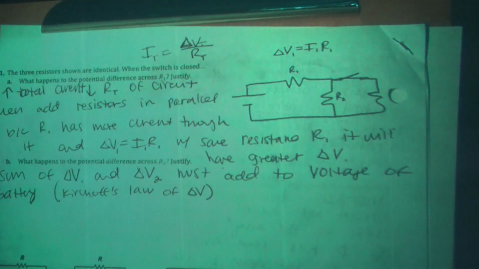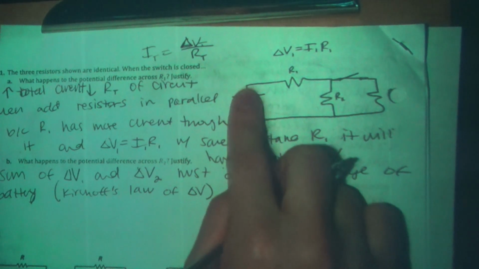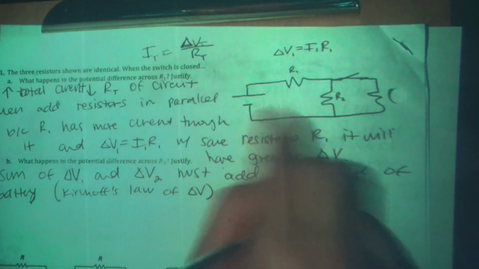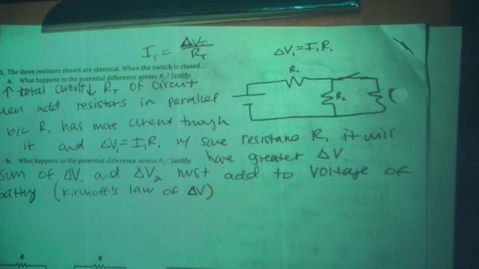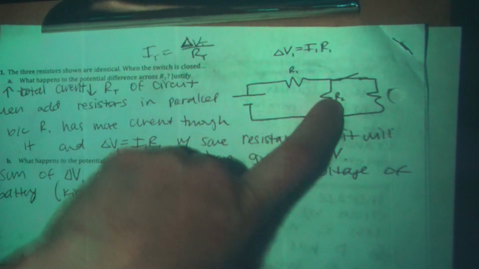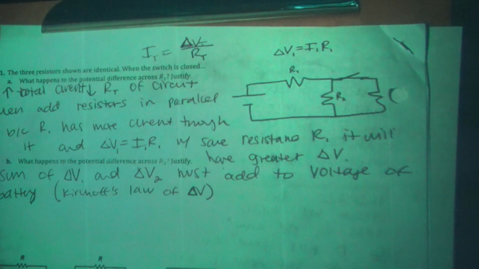You could just state the sum of voltages in a closed loop must be 0. So if you're provided V, then this drops and this drops back to 0. So these two must add up to the total you're provided with, or you could just call it Kirchhoff's voltage law or law of voltage. That sounds kind of weird, that's okay though. Anyway, you know that these two voltages still have to add up to the same total.